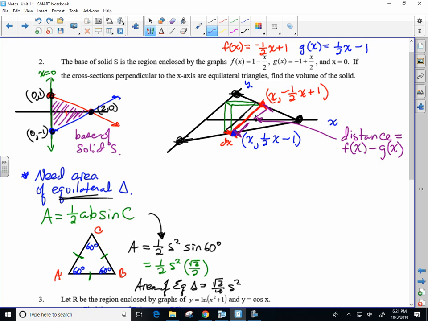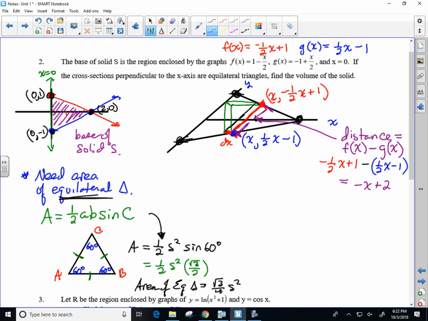So negative 1/2 x plus 1 minus 1/2 x minus 1, which is going to simplify down to negative x plus 2. So that's going to be the length of the base of that equilateral triangle.